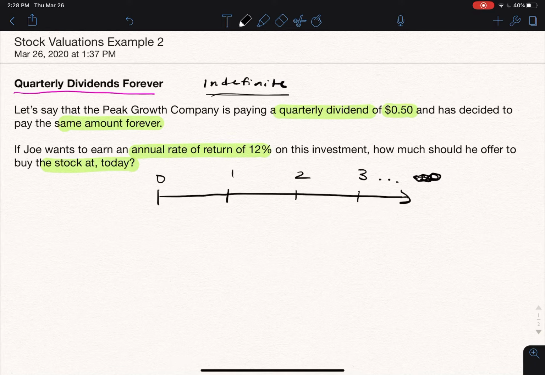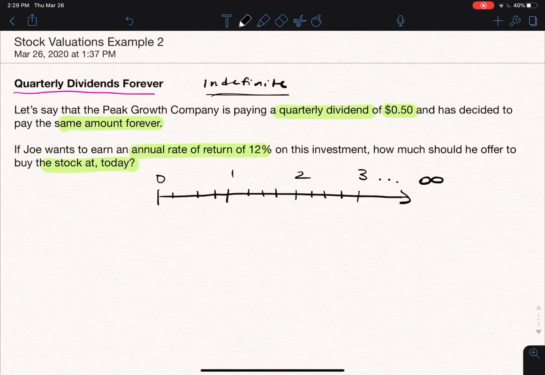Let's try that again. There we go. So to infinity and beyond, right? And let's say that they are issuing quarterly dividends. So if they're quarters, first quarter, second quarter, third quarter, first, second, third, first, second, third. Of course, the fourth is the year.